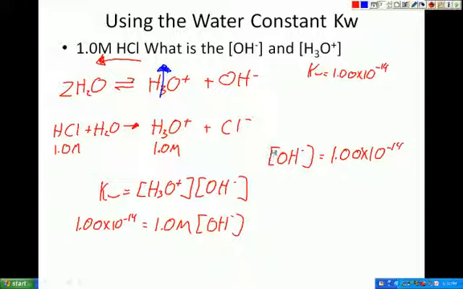Okay, so this number is the concentration of OH-, and that makes sense too, because remember our definition of an acid: H3O+ is greater than OH-. H3O+ is 1.0 molar, and the OH- is 1 times 10 to the minus 14.